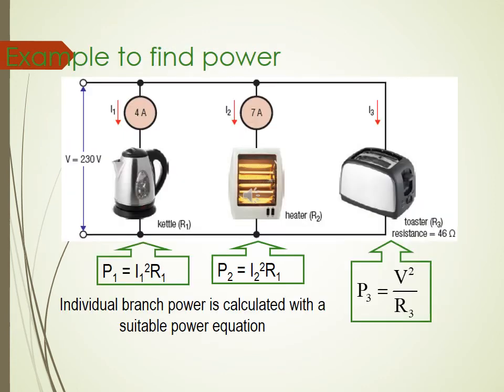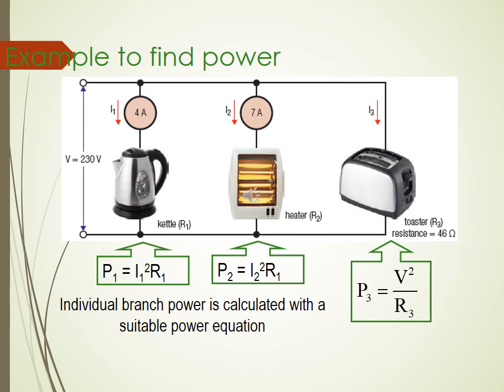As can be seen here, this slide is attempting to show that there are many different ways of being able to calculate the power, and there are lots of different formulas that can be used, and it is simply a matter of selecting a particular formula that works. I must say I particularly just use volts times amps in general terms, because I find it quite easy to calculate the current in a branch.